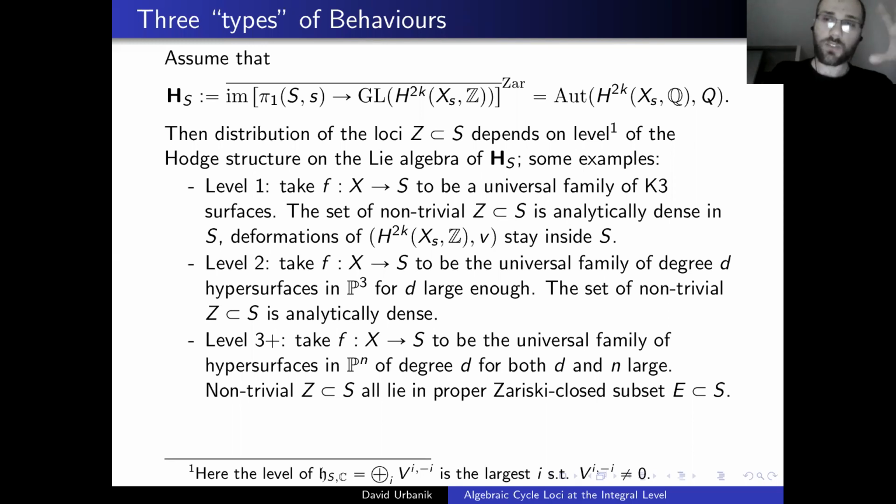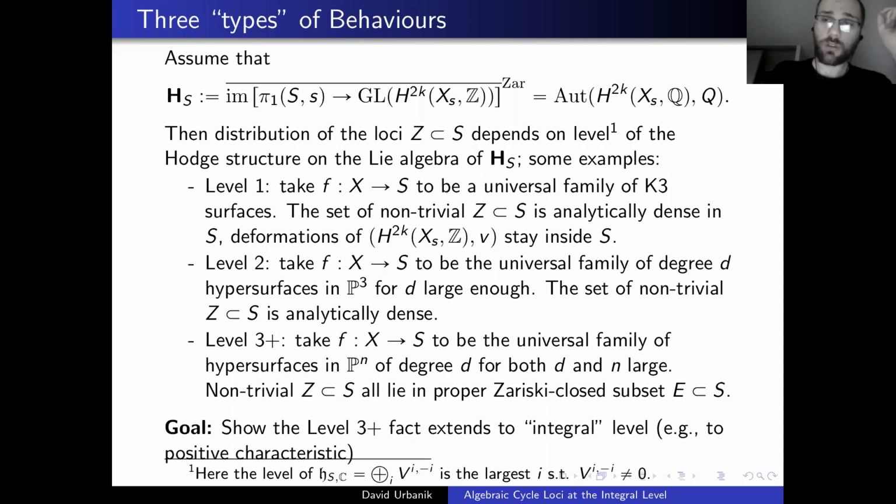And the particular case that I want to focus on for the purpose of this talk is this third one. What I want to explain is how we can actually prove the 3+ result on what I'm going to call the integral level. So what do I mean by that? I mean, not only do I want to say that all of these non-trivial families that come from characteristic 0 families of algebraic cycles lie in some proper Zariski closed locus.